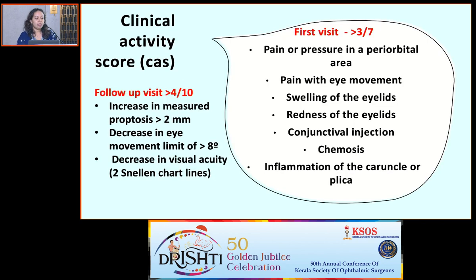For activity, we can use the clinical activity score. We have 7 points, we have to check the patient in the first visit and also in the follow-up visit. These 7 points like pain, swelling and redness of the conjunctiva and eyelids should be checked, and each given a 1 point score. And if the score is more than 3 out of 7 in the first visit and more than 4 out of 10 in the follow-up visit, we will consider it to be active disease.